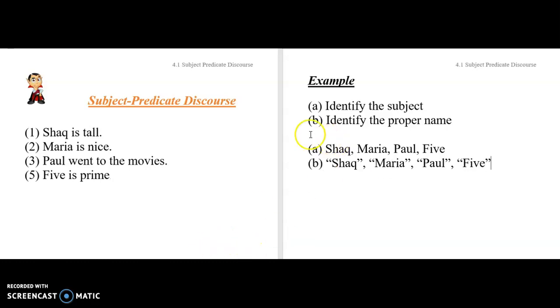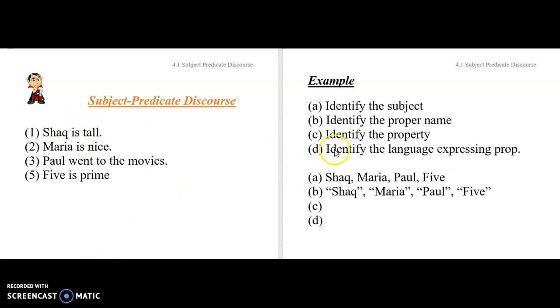Similarly, we want to draw a distinction between the property that's being expressed, being tall, the way Shaq is, okay, and the language we use to express that property. So let's do that. Okay, so let's do this together.